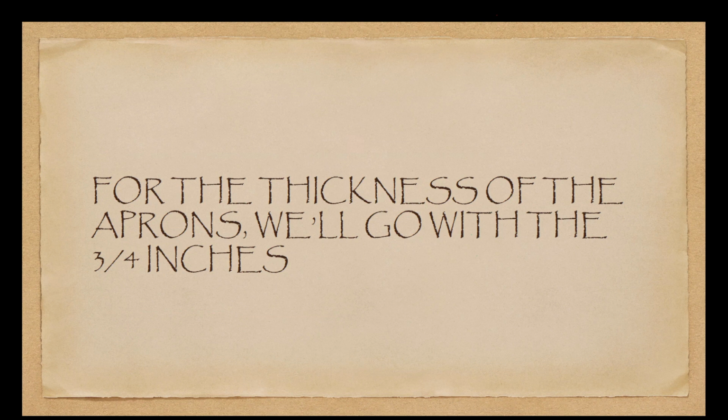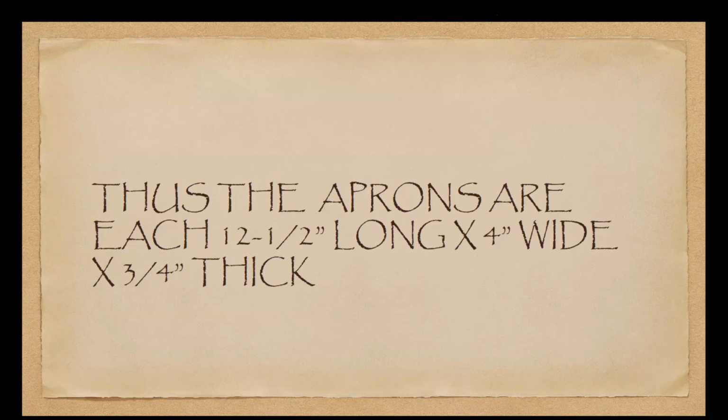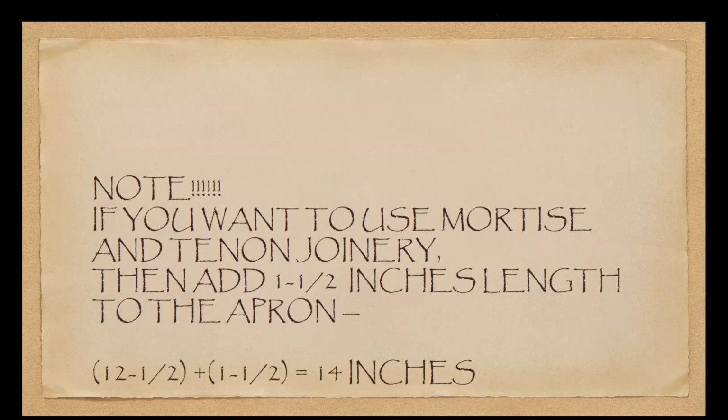For the thickness of our apron, we're going to maintain the same piece of wood that we are going to use for the tops, and that's going to be about 3/4 of an inch thick. Thus, our aprons each are going to be 12 1/2 inches long, 4 inches wide, and 3/4 of an inch thick.